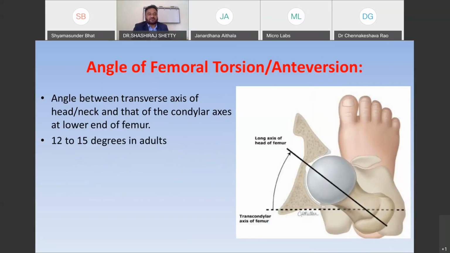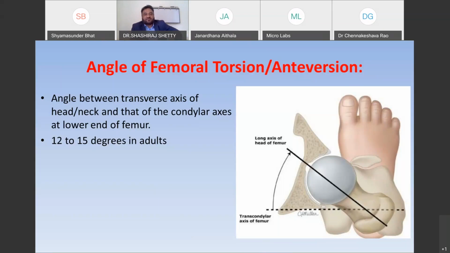Because when we do the total hip replacement or the TKR, we will follow that 3-degree cut, 4-degree cut by the technician who comes there. So if you know this anatomical axis and mechanical axis, we will know why we are taking that cut.